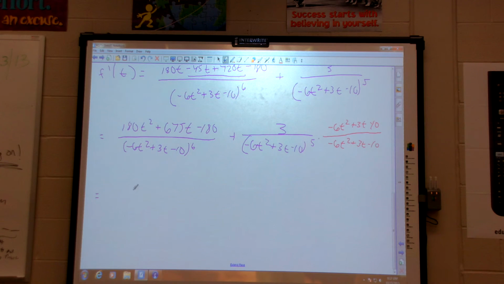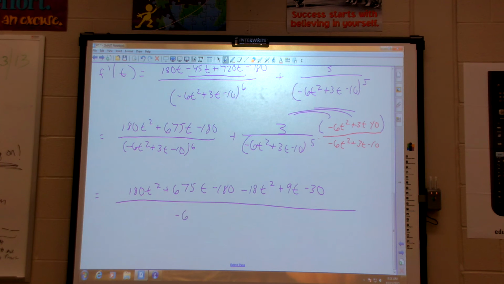So up here I have 180t squared plus 675t minus 180. Now over here I have 3 times all that. Yes? Yep. Which is minus 18t squared plus 9t minus 30, when I distribute my 3. That is all over negative 6t squared plus 3t minus 10 to the 6th.